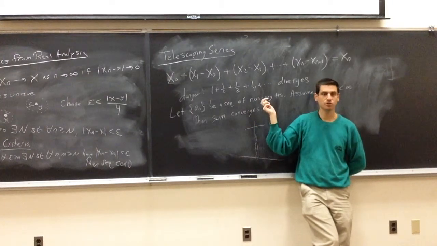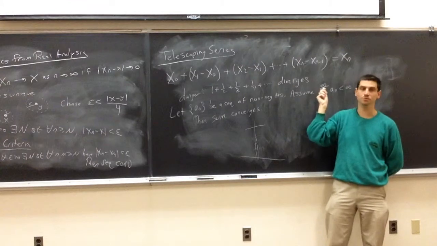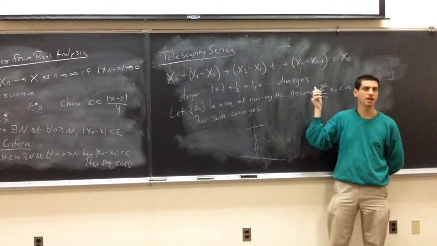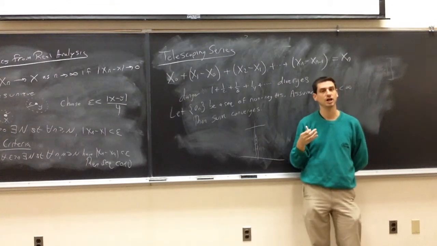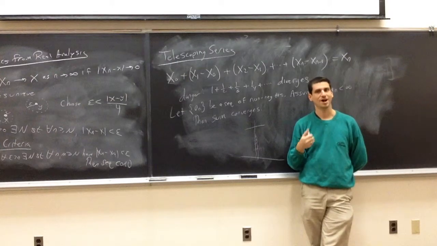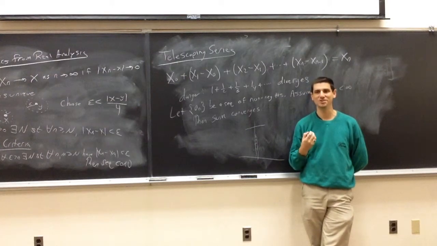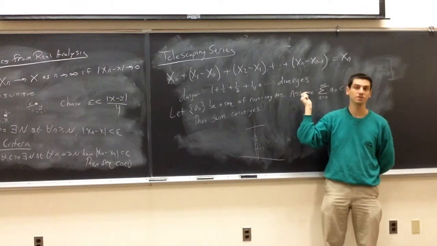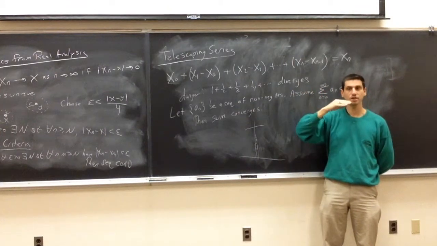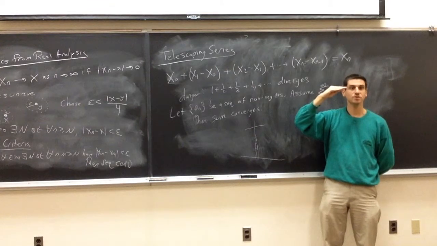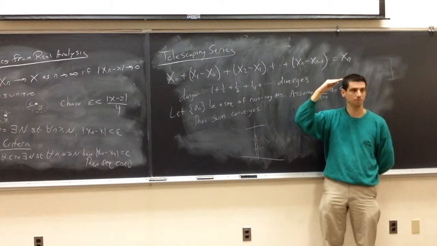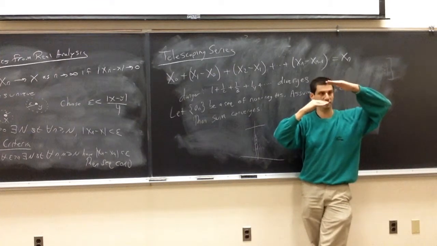If I look at the partial sums, if I sum up to the first term, 2 terms, 3 terms, 4 terms, 5 terms, those partial sums are strictly non-decreasing. I've got to be careful. Non-decreasing is not the same as increasing. Right? It's possible that some of these numbers could be 0. And so as I sum more and more terms, my partial sums can never go down. They can only go up. And they're bounded from above.